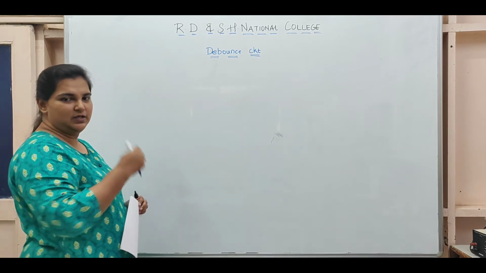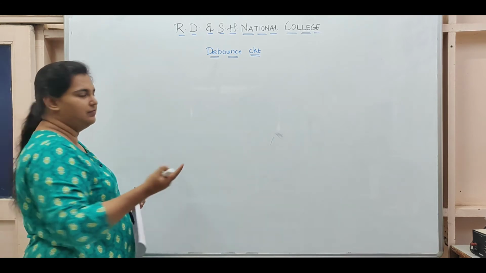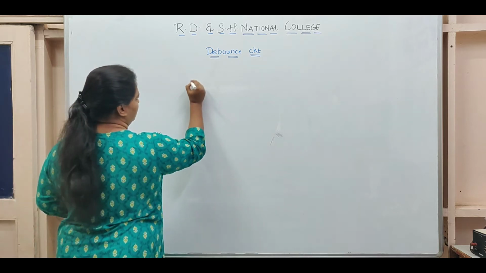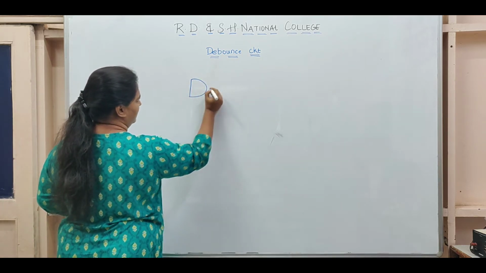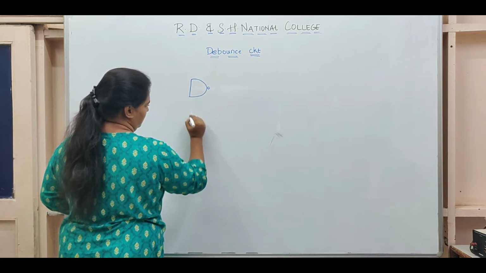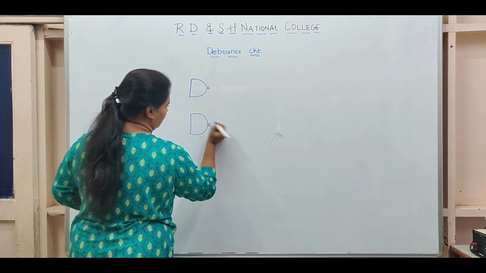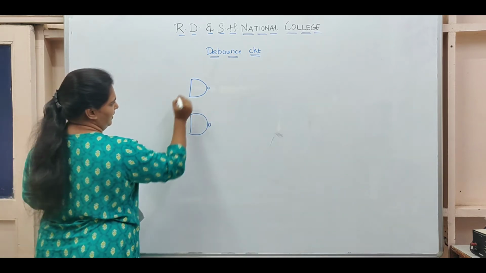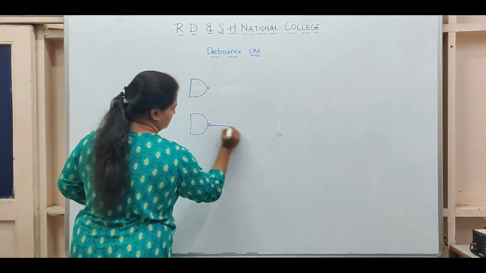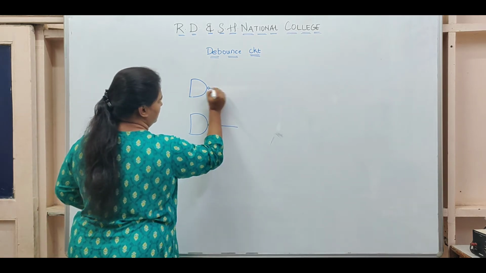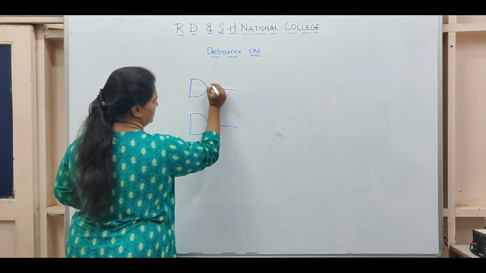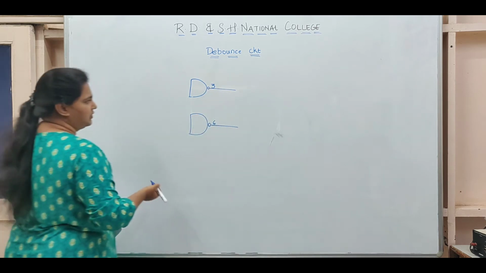What we'll be using is something like an SR flip-flop. You will have two NAND gates connected in this format. The output of this NAND gate, suppose I name it number 6, and this one is number 3.